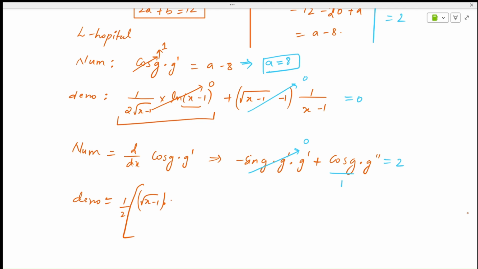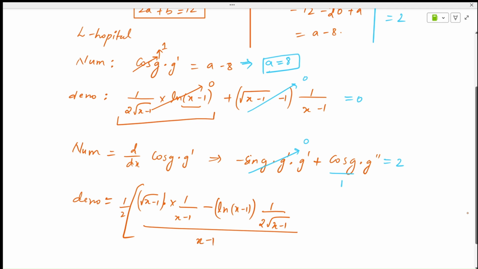This becomes 1 by x minus 1. So v u dash minus u v dash. So ln x minus 1 into 1 by 2 root x minus 1 by denominator square, which becomes x minus 1. So this is the first part.